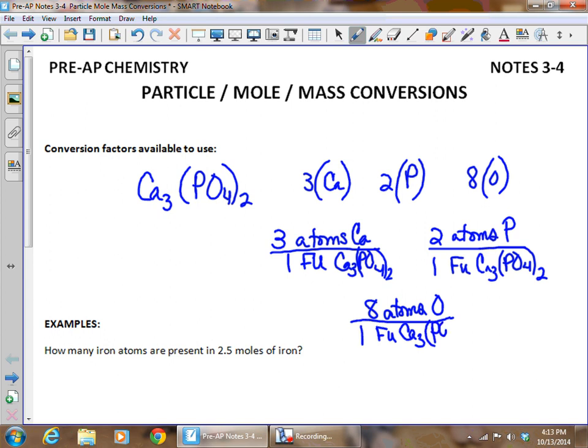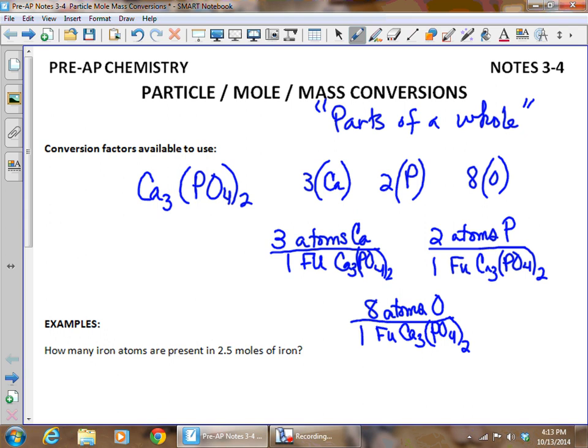So what we're doing by making a conversion factor like that is once again getting parts of a whole. We're breaking down those compounds into how many atoms of each element are in that compound.